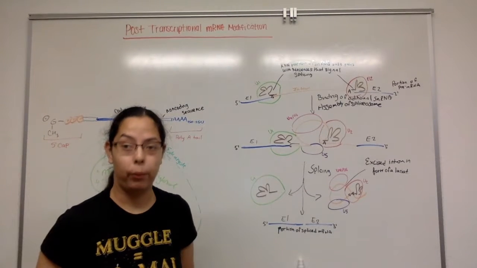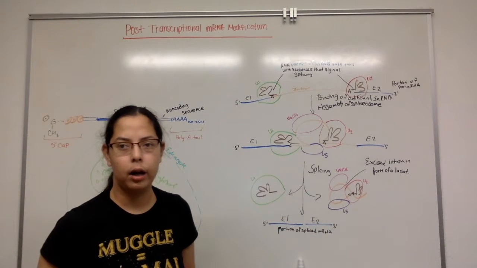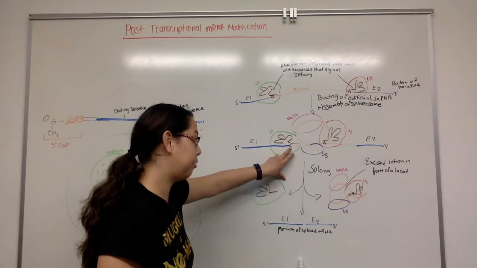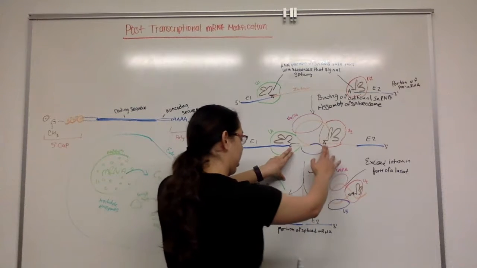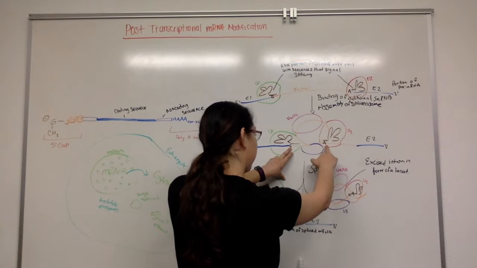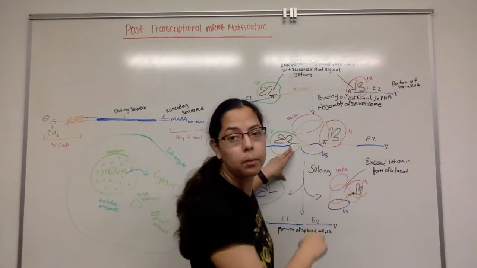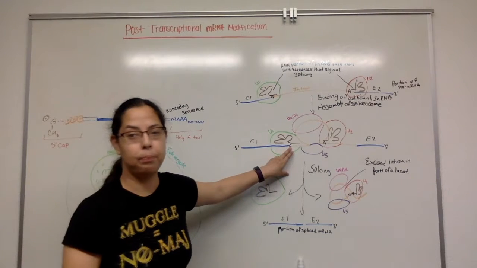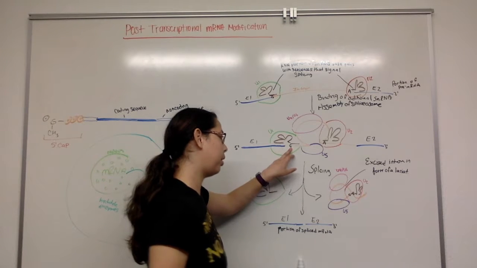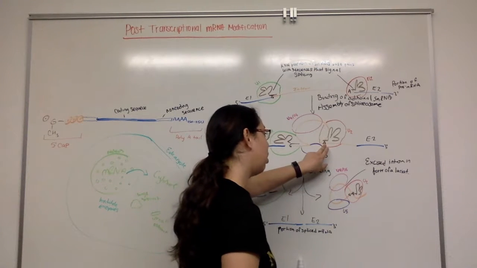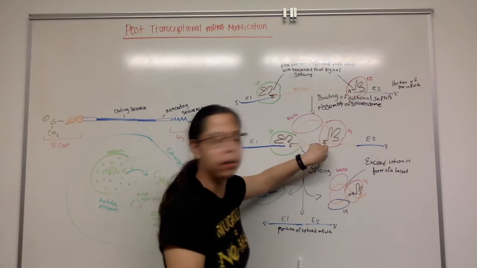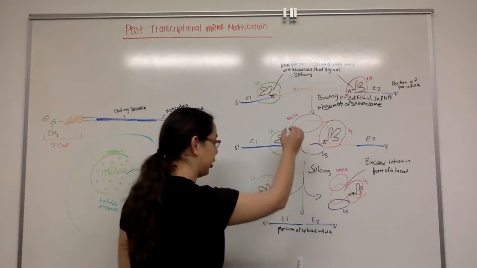Next, the lariat loop is formed by the esterification of a guanine on the start of the intron, binding to the hydroxyl group of the adenine at the branch site.